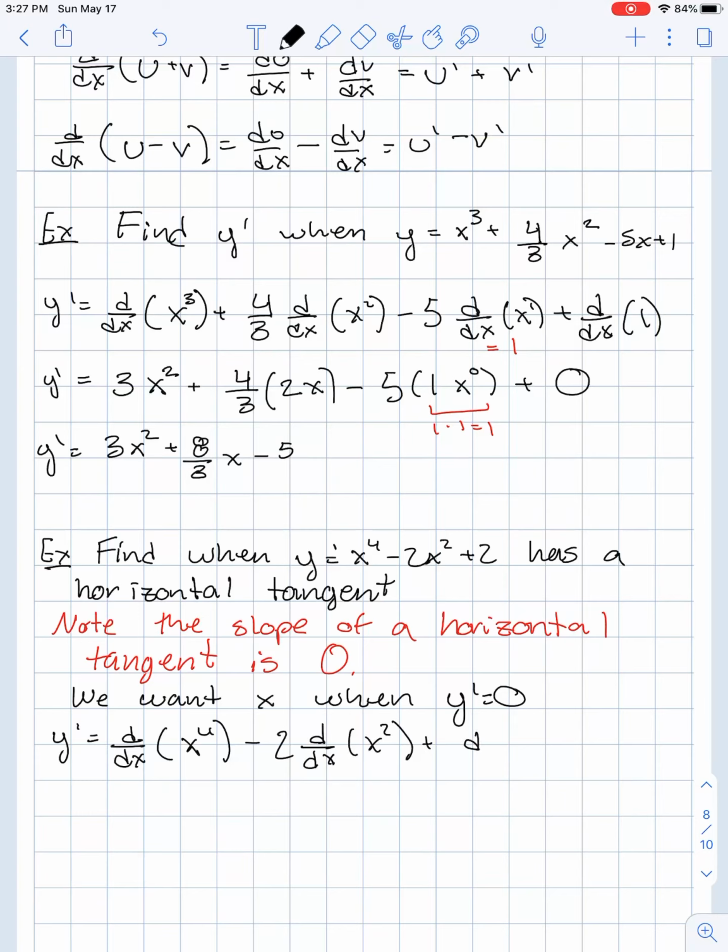Now we need to combine these. So y prime is going to equal, the good thing about product rule is addition and multiplication are what we say commutative. A plus b is b plus a. So it doesn't matter which order I write them. It will matter in a second when there's subtraction, okay?